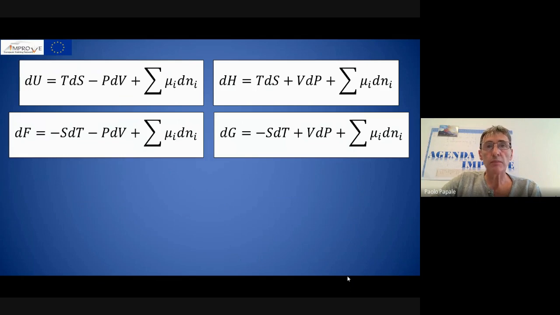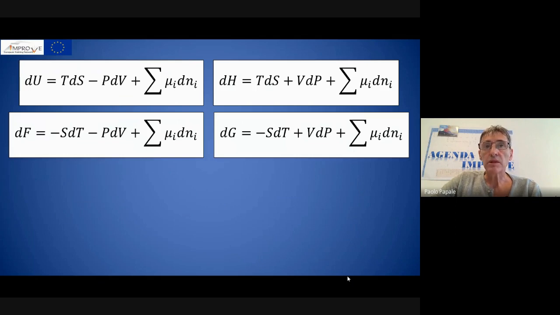If we look at them, each one is exactly the corresponding expression for a closed system with the addition of a term including the chemical potentials, and which is the same for all energy forms.